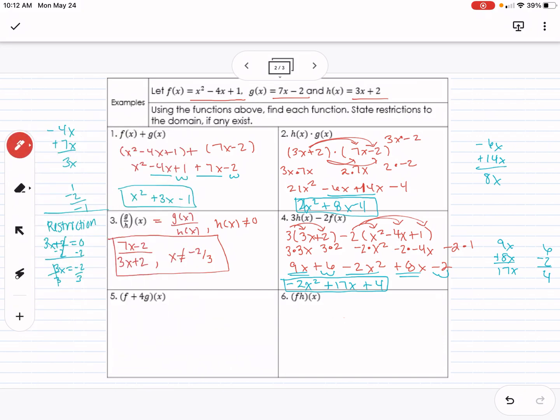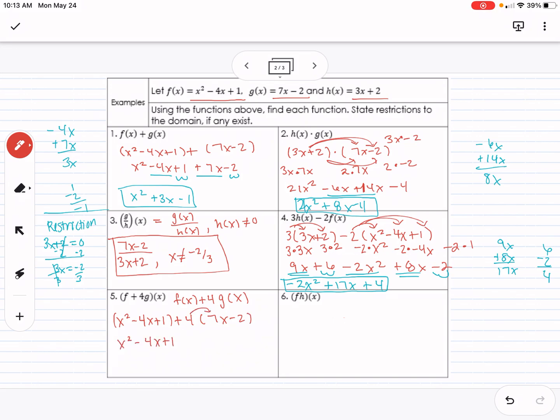f plus 4g of x means we're doing f of x plus 4 times g of x. So f of x is x squared minus 4x plus 1. And then g of x is 7x minus 2. So here I would just bring this down.